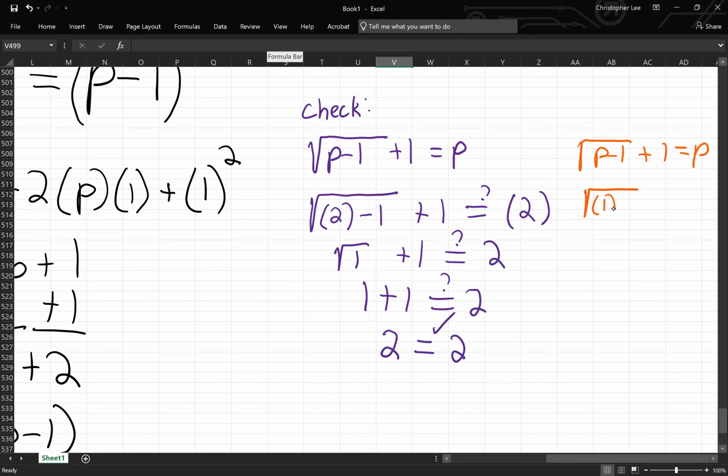So this is going to be the square root of 1 minus 1, plus 1. Allegedly, that's equal to 1. I don't know, right? 1 minus 1, that's like 0, square root of 0 plus 1. Some people say that that's 1, but I'm not sure. Square root of 0 is just 0, so 1 is equal to 1, and we're good to go. Both of these are answers, right?